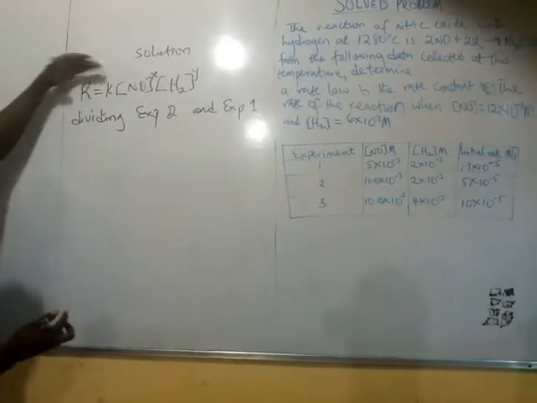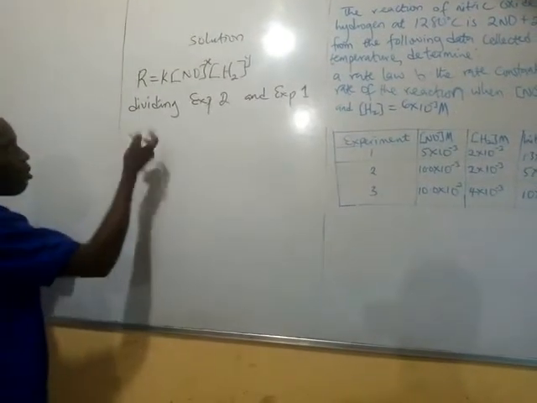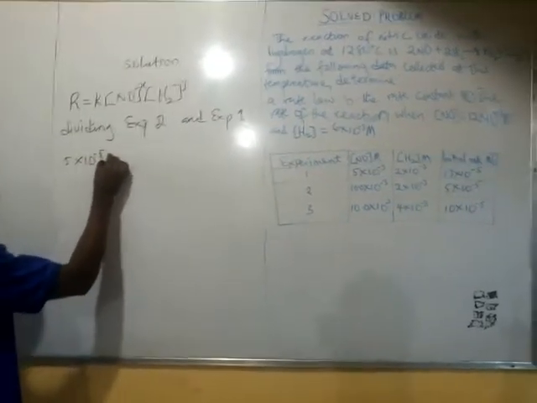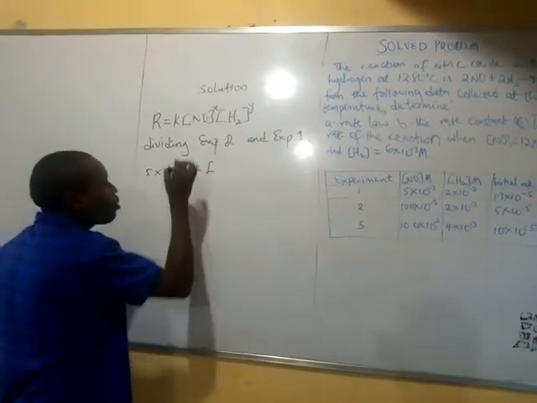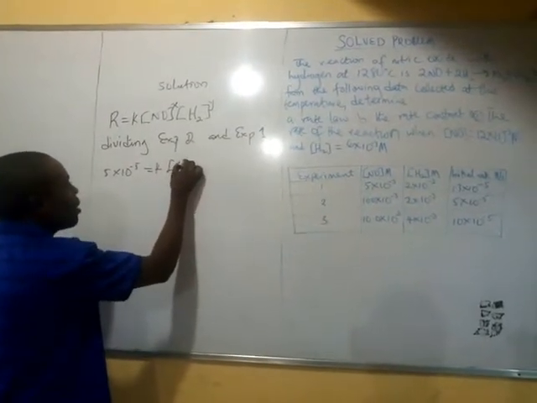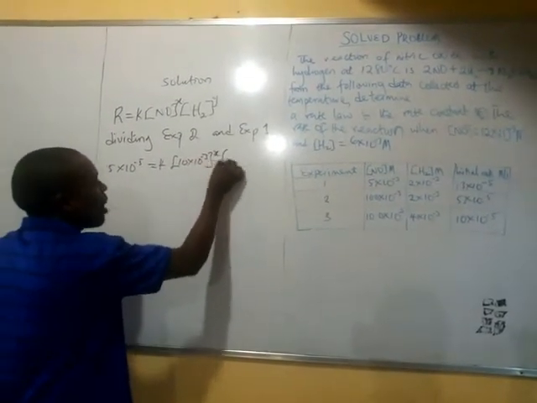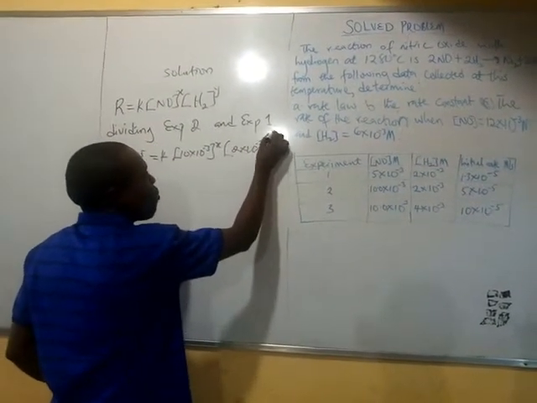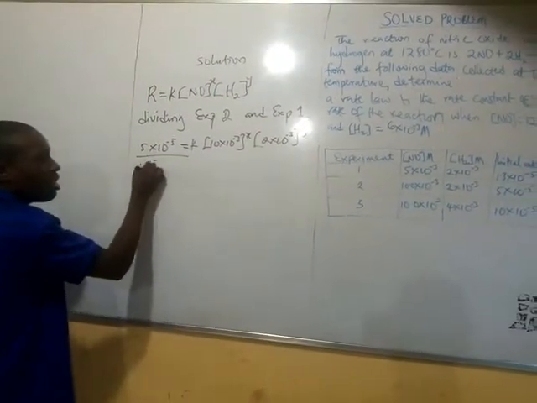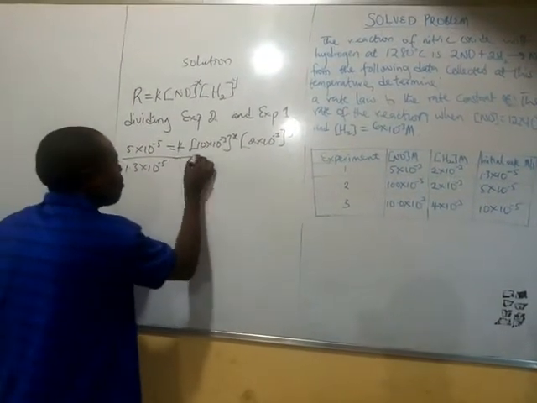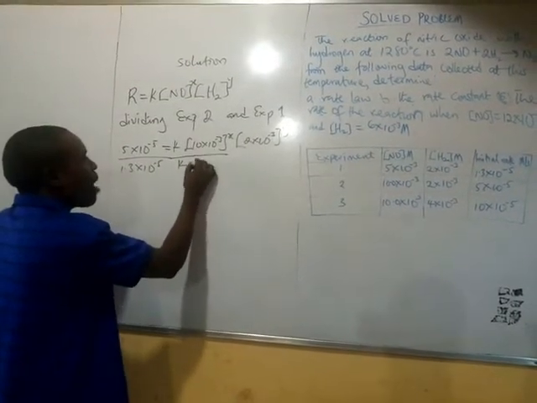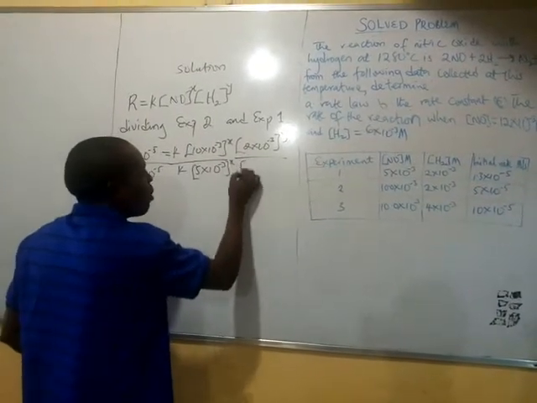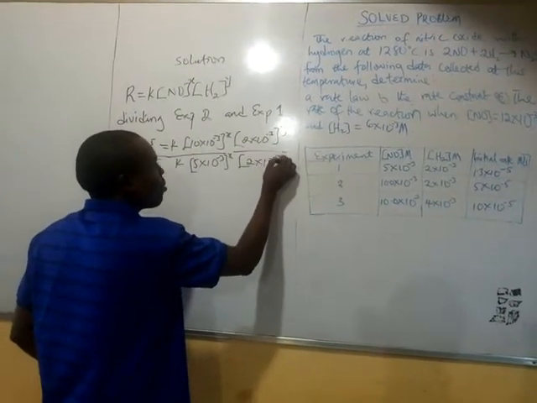So the rate of experiment 2, which is 5 times 10 raised to the power minus 5, is equal to K, the concentration of H2, 10 times 10 to the power minus 3 to the power x, and NO, 2 times 10 to the power minus 3 raised to the power y, divided by 1.3 times 10 raised to the power minus 5, which is K, divided by 5 times 10 raised to the power minus 3, which is the concentration x, and 2 times 10 to the power minus 3 raised to the power y.